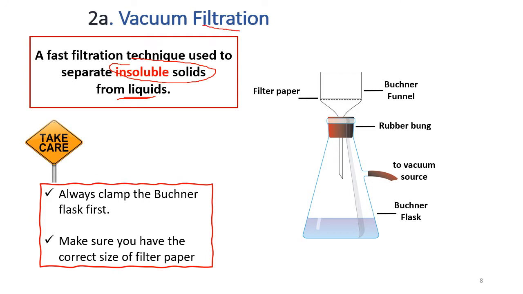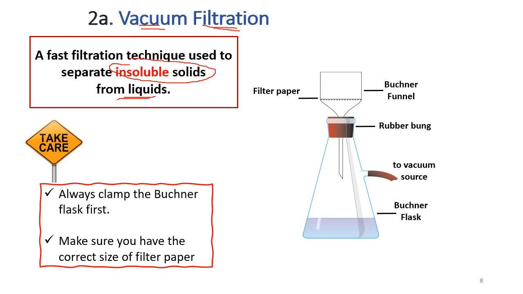And what's faster than the regular filtration is the vacuum filtration, and in our labs we used to connect it with the water supply in order to apply low pressure and to help in facilitating the filtration. So make sure that you attach everything perfectly.